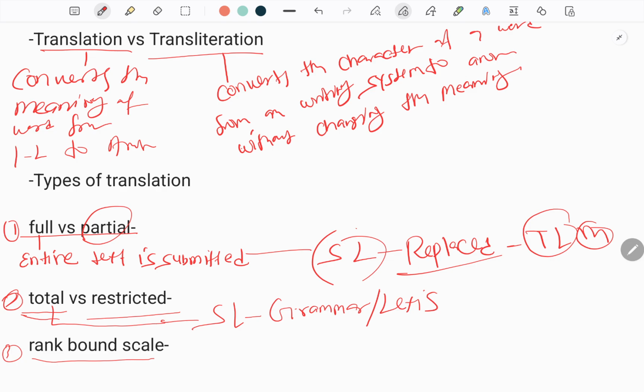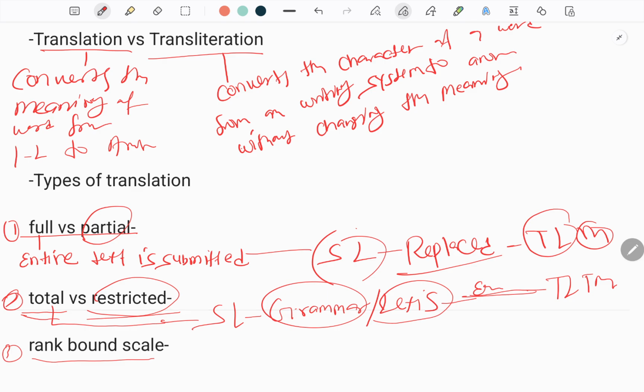While in restricted translation, only one part of the source language changes: either the grammar will be the same or the lexis will be the same.